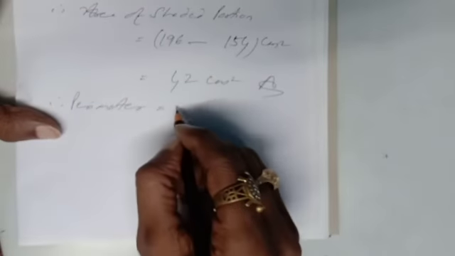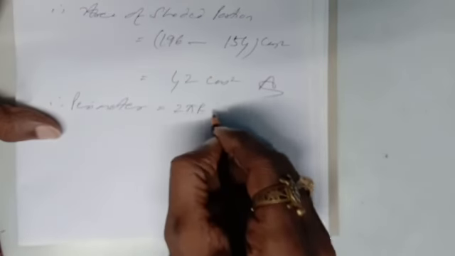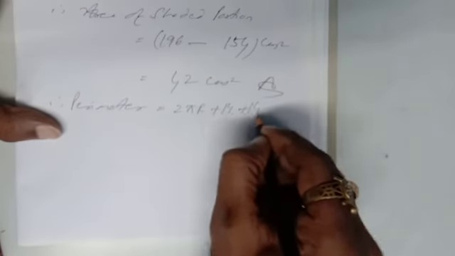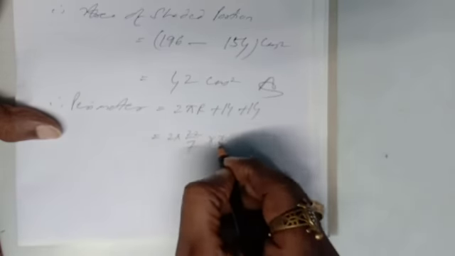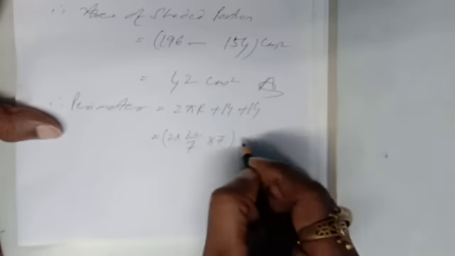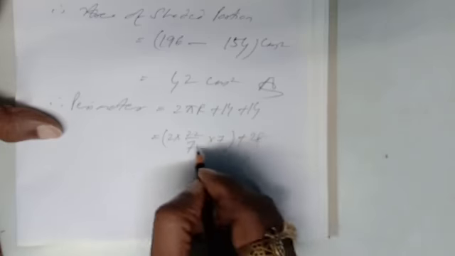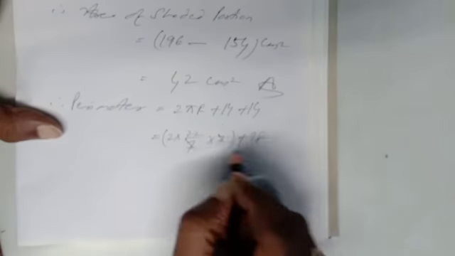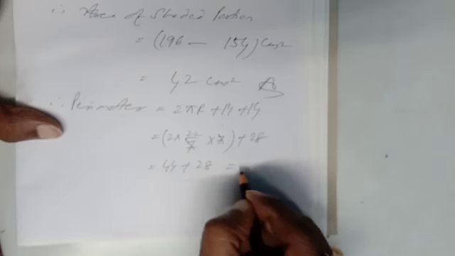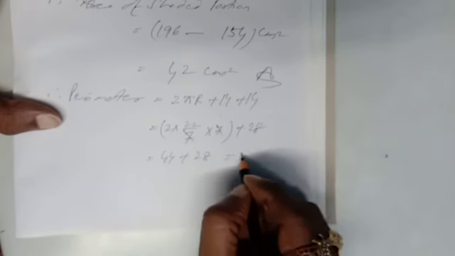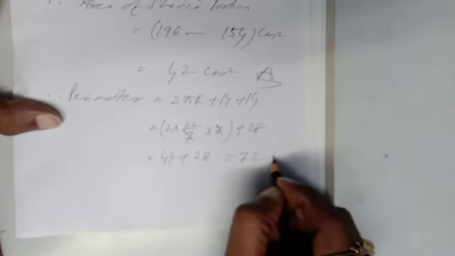Perimeter of the shaded portion will be 2 pi r plus 14 plus 14. 2 into pi means 22 by 7, radius is 7, and 14 plus 14 is 28. This is coming how much? 7 cancel. This is 44 plus 28. How much are we getting? 72 centimeters.